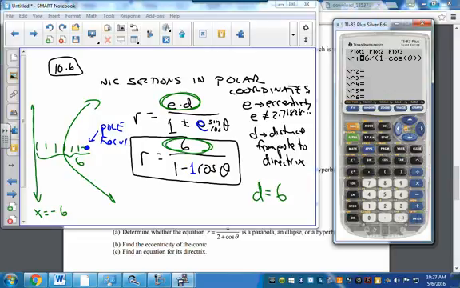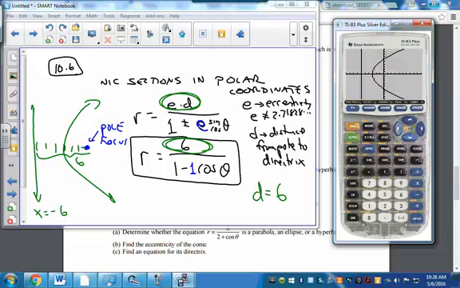What was x? x was r cosine theta. r cosine theta is negative 6. r is negative 6 divided by cosine theta, right? Okay, so let's do that. Do negative 6 divided by cosine of theta. Yeah, you got to remember your conversions.